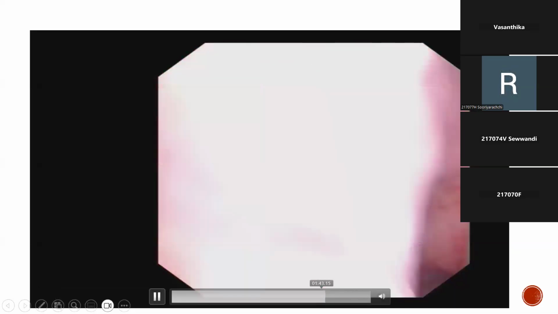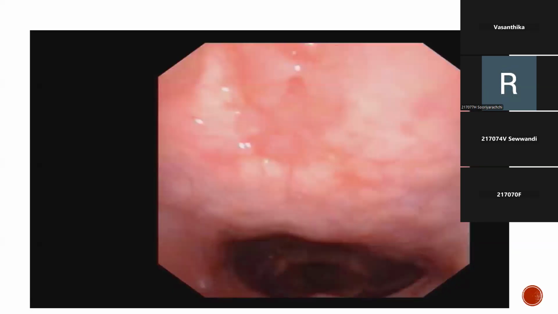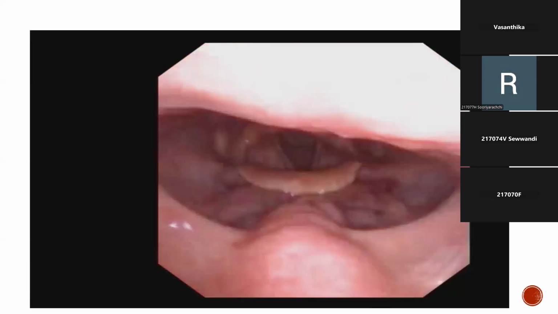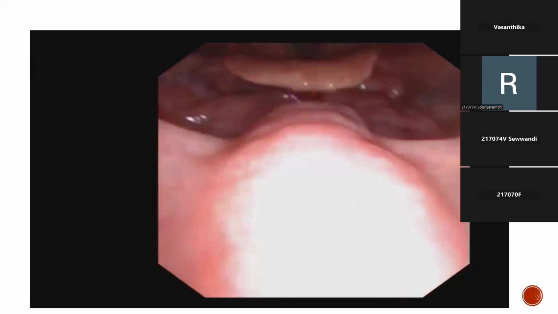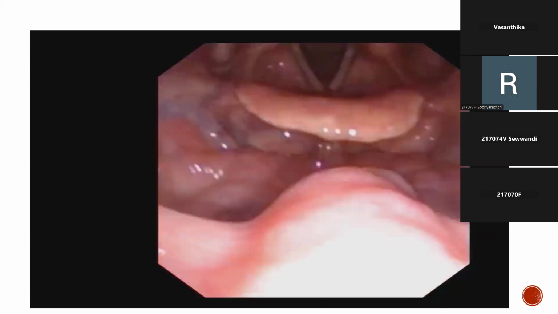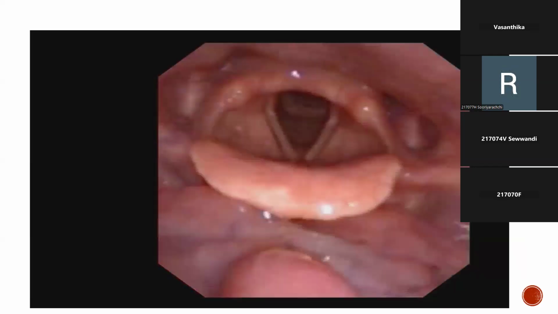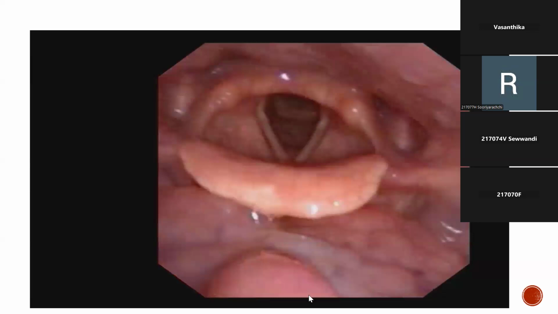Here you can see it's going in. Postnasal space, enter into the larynx. You can see the movements of the vocal cords, where you can see the proper anatomy of the larynx there.